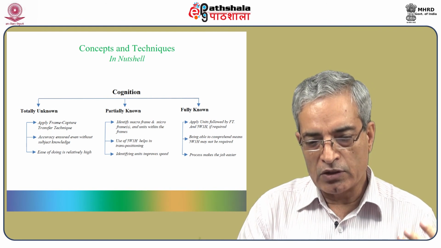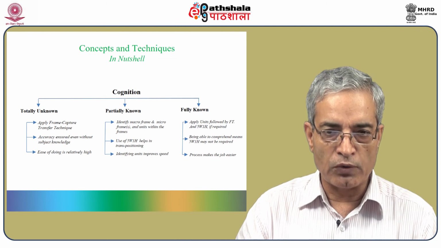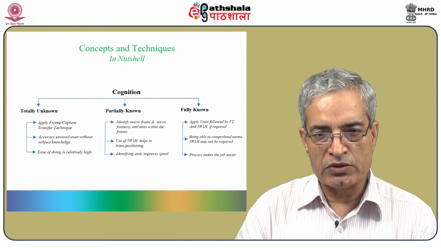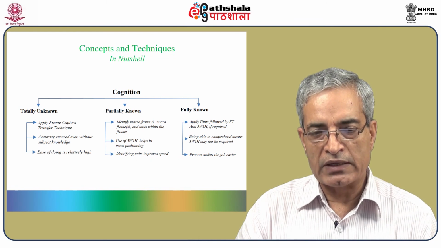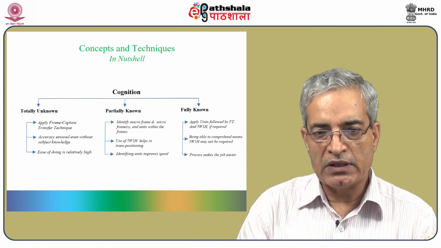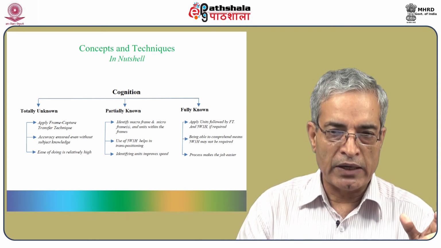Now let's talk about sentences where you find that something is difficult but something you know. This is what usually happens: because you are already translating, you have already done some work in translation, so it's not that everything is unknown to you. Now, to the unknown things only you have to address it properly.